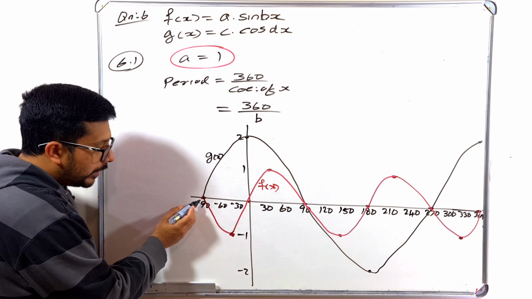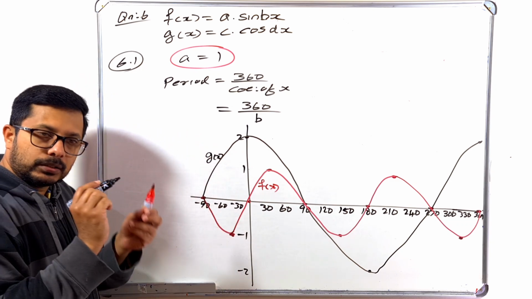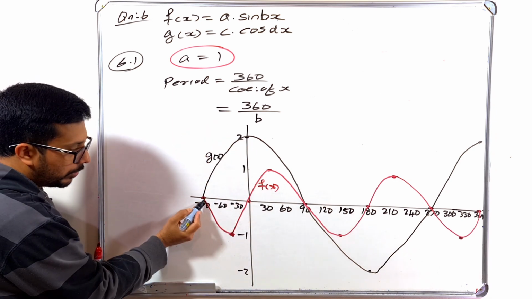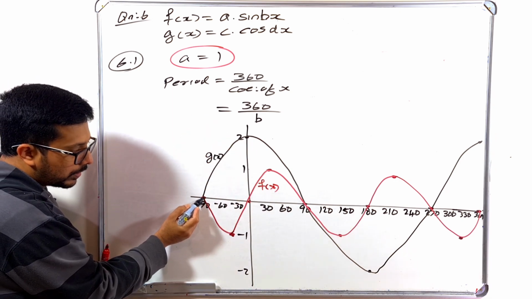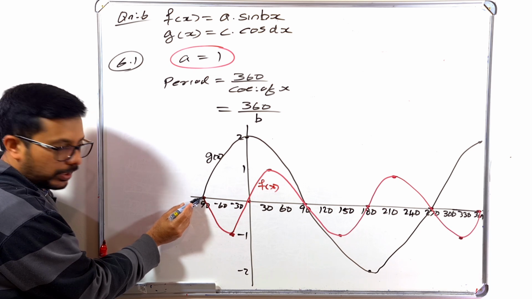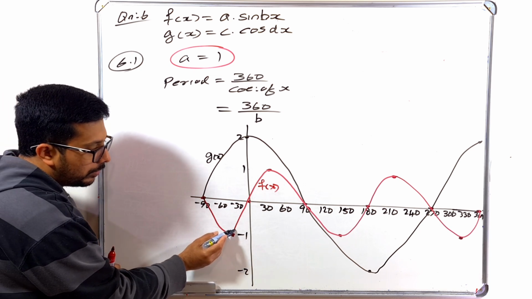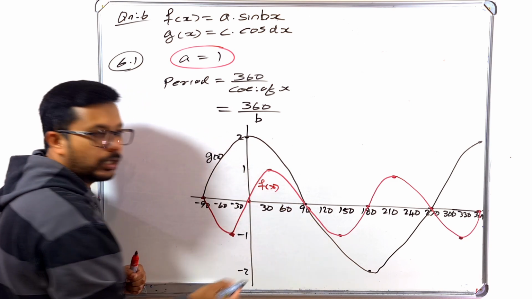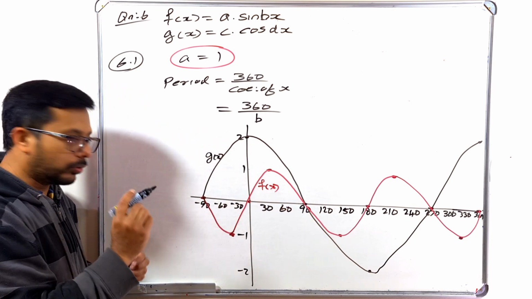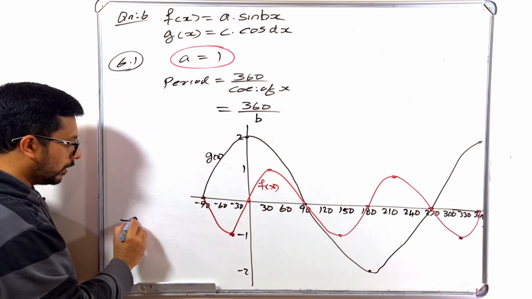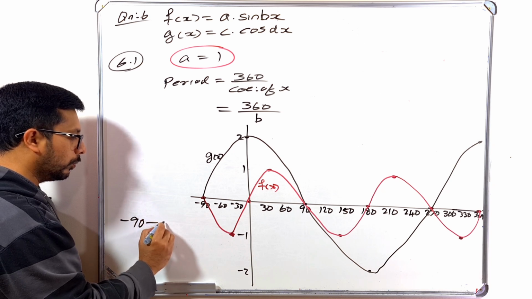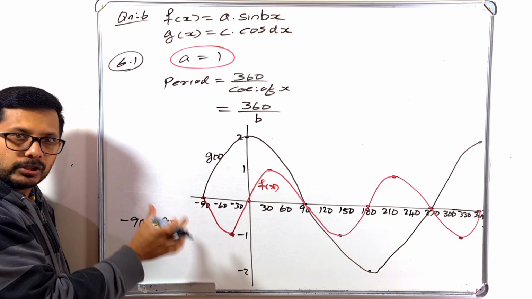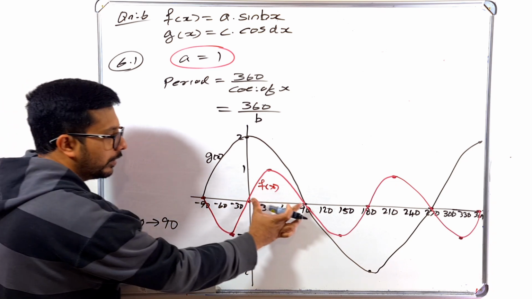Period means the degrees it takes to complete one rotation. So look at this red graph, f of x. It started at -90, went down, then up, then to the same point. It ended at +90. So from -90 to +90, how many degrees is that? -90 to 0 is 90, then another 90.